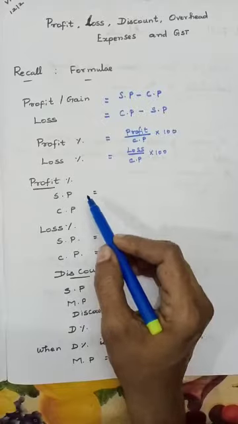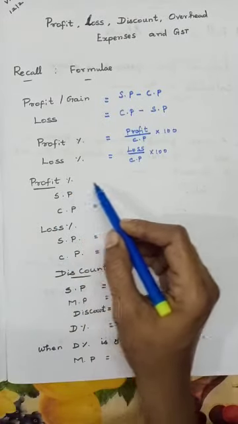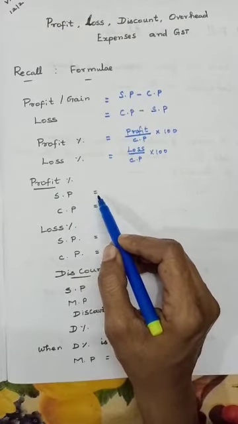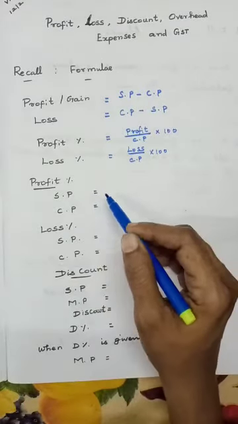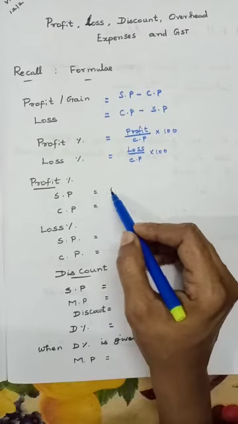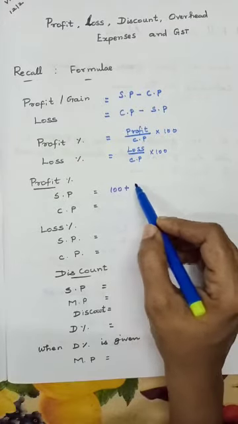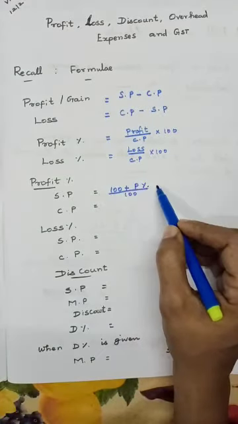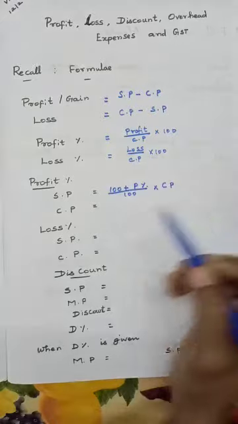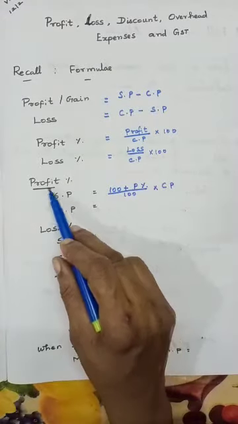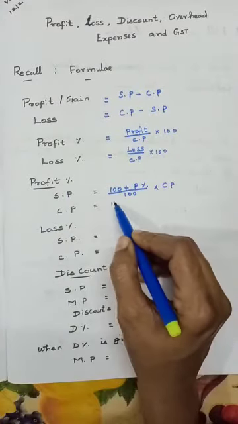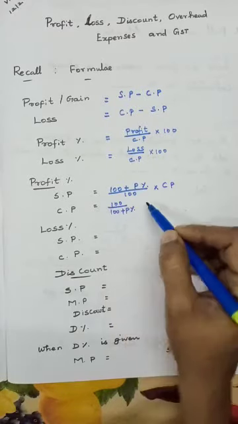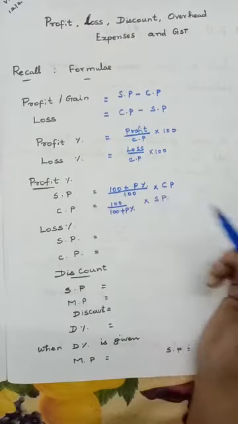Then loss percent means loss by CP into 100. When they are given profit percentage and CP, you have to find the SP. So the formula for that is 100 plus profit percent by 100 into CP. Then they are given SP and profit percent means CP is 100 by 100 plus profit percent into SP.